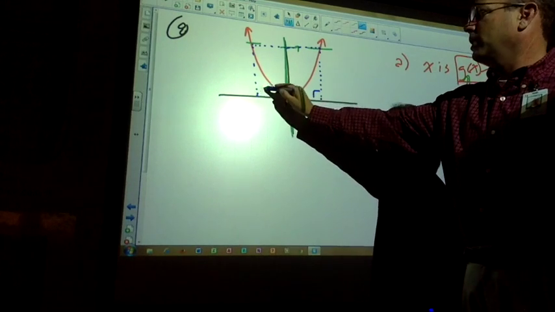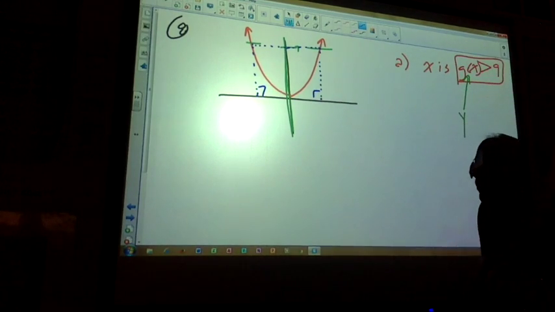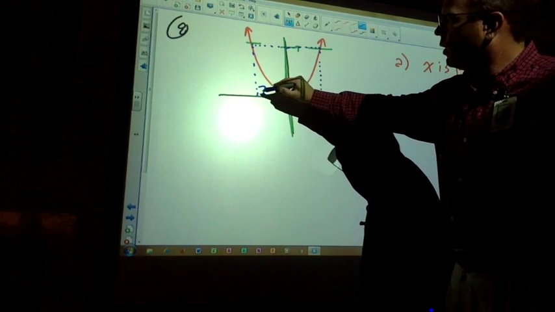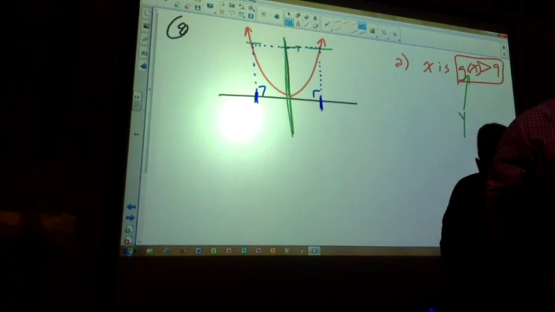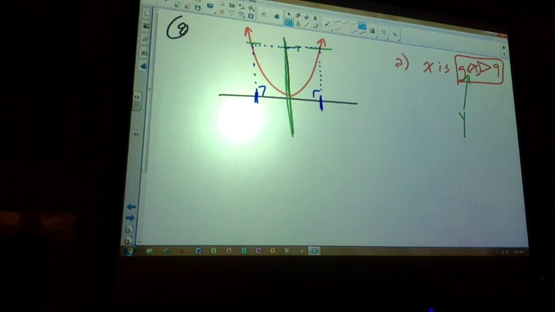This represents a right angle. Okay, so at what values do those both appear to be at 9? You have to look at your graph.